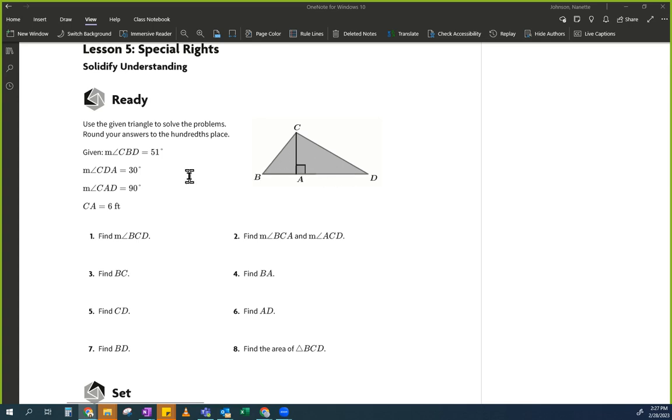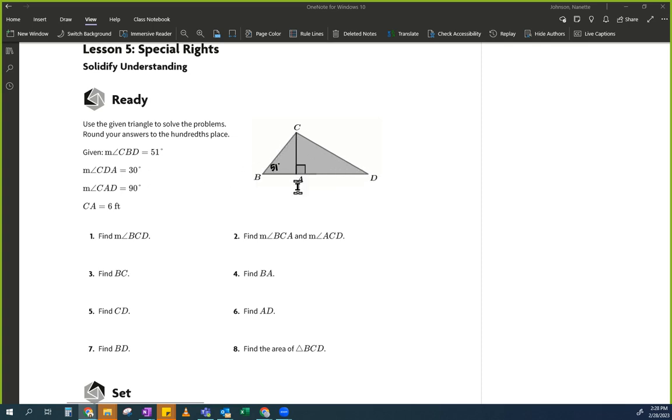Okay. So it says the measure of angle CBD is 51 degrees. CBD. So that's 51 degrees in there. So I'm just going to write 51. Okay. And then it says 30 degrees is CDA.